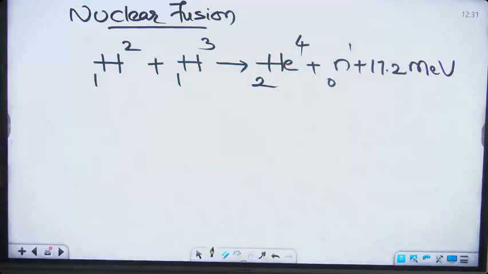Two lighter particles combine together to form a single nucleus, along with the release of a few neutrons and a huge amount of energy. This is known as nuclear fusion.